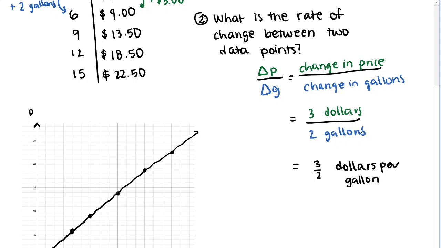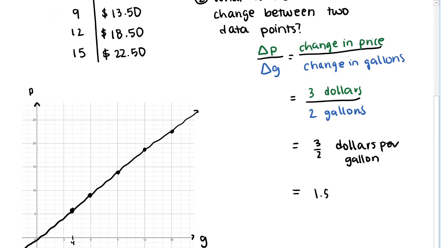And 3 over 2, that's the same as 1.5, right? 1.50. So this can be seen as $1.50 per gallon. So this is telling us a rate of change. What we did find was a rate of change, a change in the output divided by the change in the input. And this is really telling us how fast the cost is increasing for every additional gallon. And here it's telling us that it's a $1.50 increase in the output for every single one increase in the input, one increase in the gallons.